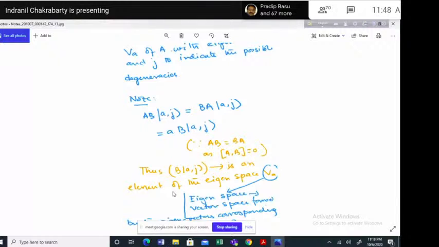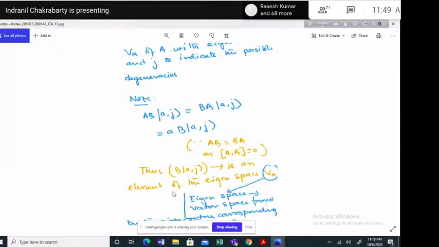Now note that, here what we have to show, it is given that A is commuting with B. That means AB minus BA will be 0, that means AB is equal to BA. So whenever AB is applied on this |a, j>, we can always write it as BA |a, j>, because AB is equal to BA.